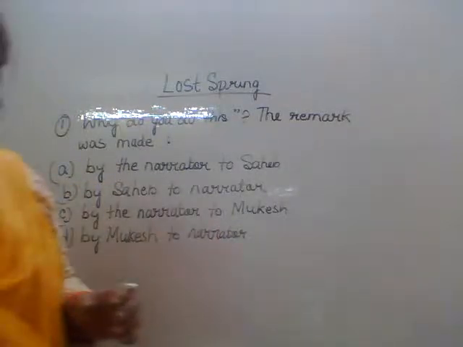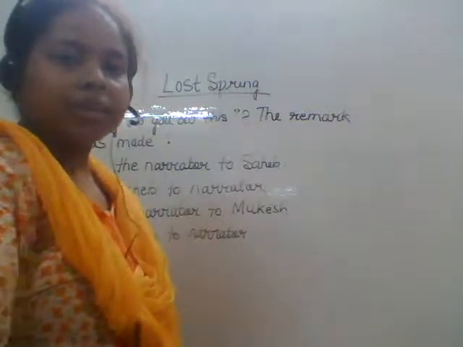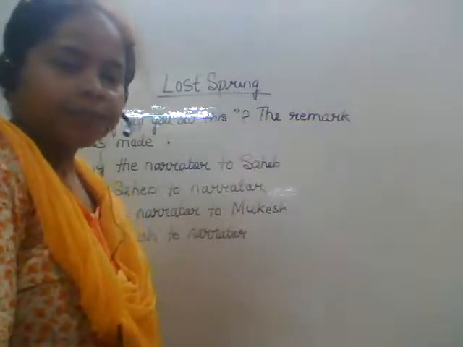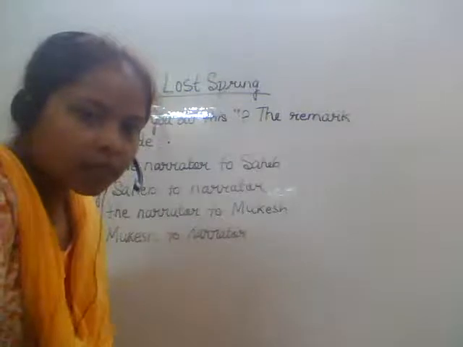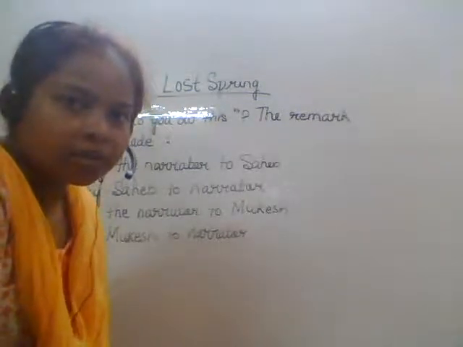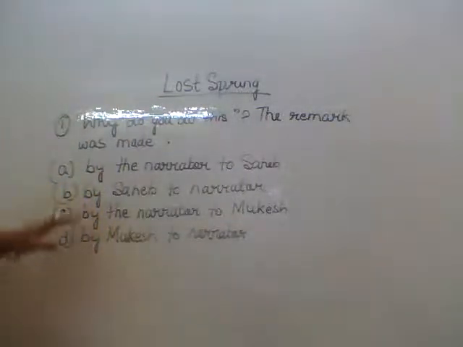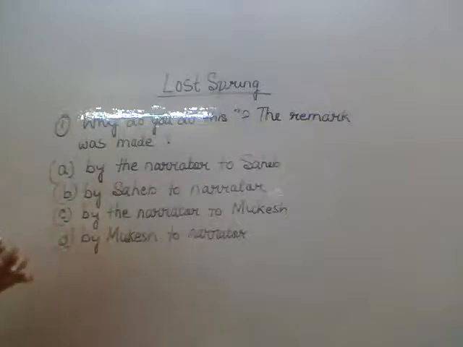Can you see? Are the options visible? Just a minute. Option A is by the narrator to Sahib. Option B is by Sahib to narrator. Option C is by the narrator to Mukesh.